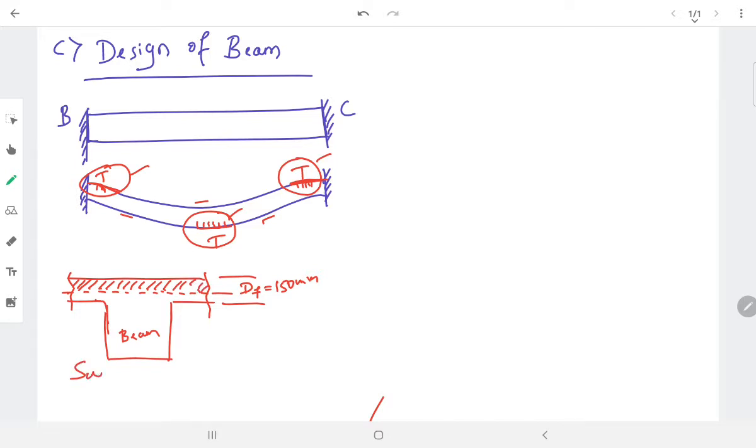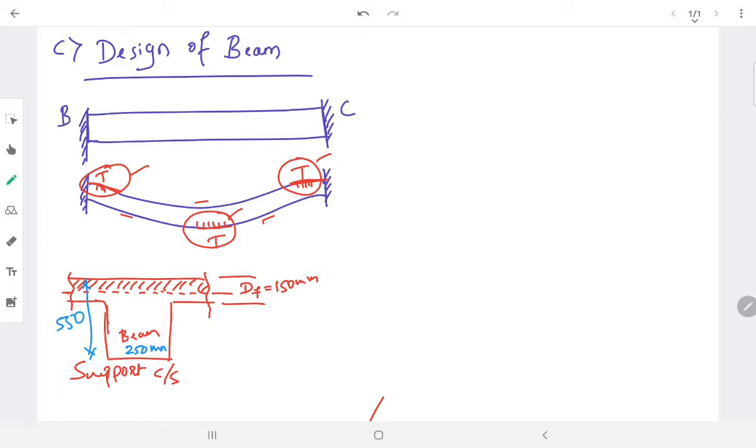So this is the support cross section, and the overall depth of this beam, you know, is 550, and width is 250 mm.